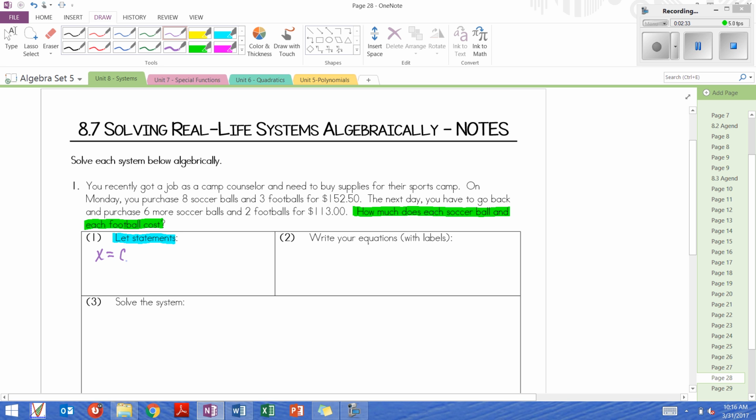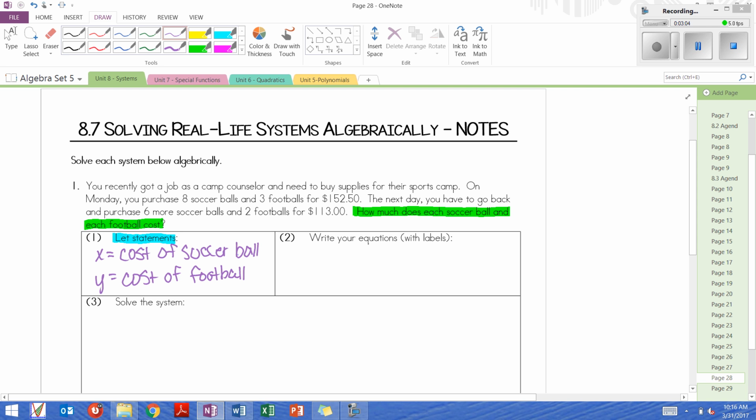So x is going to equal the cost of a soccer ball, and y is going to equal the cost of a football. Now that we have our let statements, it's okay to start writing the equation. And you might say, write the equation with labels.